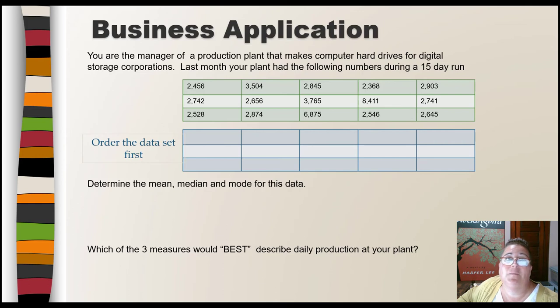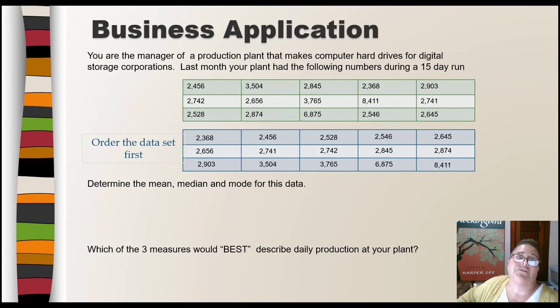Because if you forget a number or if you flip digits, if instead, for example, of 2,456, I did 2,465, that could cause an error. So we want to be careful about this. And I'm just going to flip through these. The lowest is 2,368.